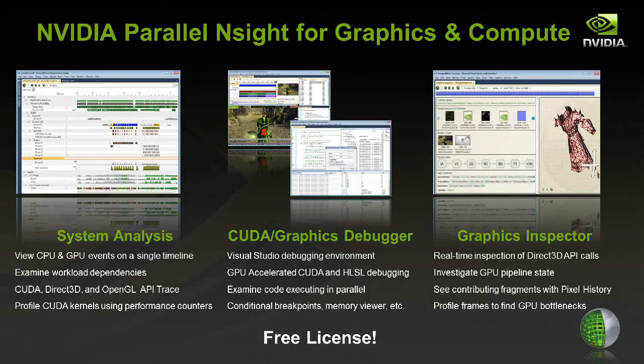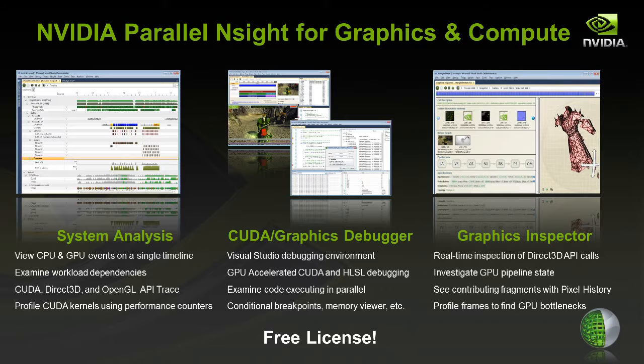And also, you get to look at all of your threads as they're executing in parallel. So you don't have to worry about removing issues of synchronization. You can truly debug problems as they're coming up, running live with your thousands upon thousands of threads that are running. Again, all the conditional breakpoint capabilities, memory viewers, all that.